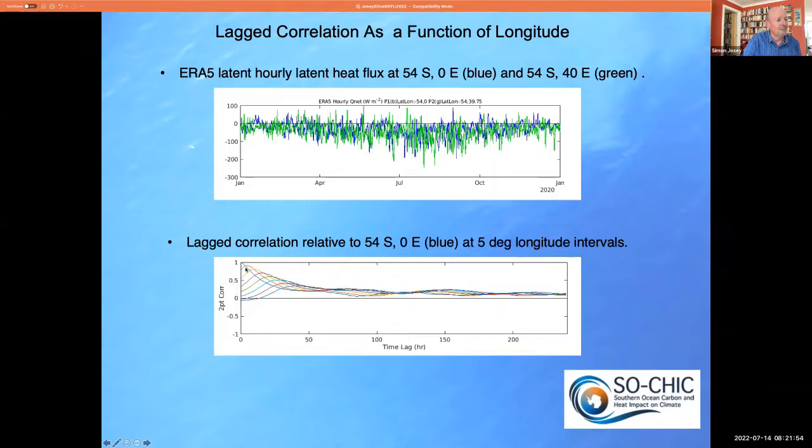But each of these subsequent points is 5 degrees further east from the site, so 5 east, 10 east, 15 east, and now you can start to see a peak at a lag time. I don't know what that is, 8 hours and then 12 hours or something like that. That's the sort of thing we can usefully use to test how well the reanalyses do at capturing the key processes.